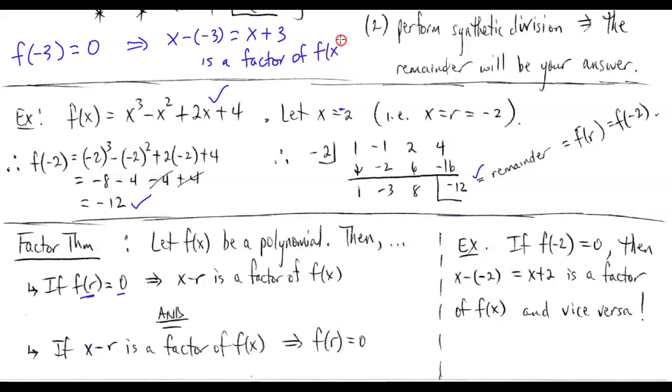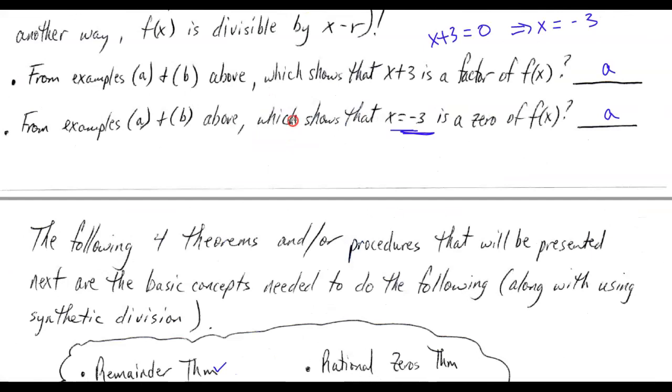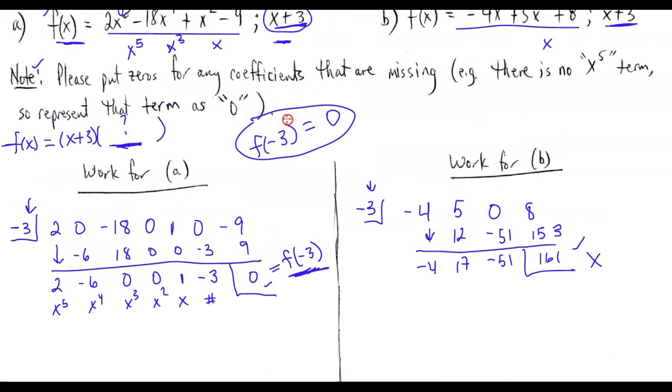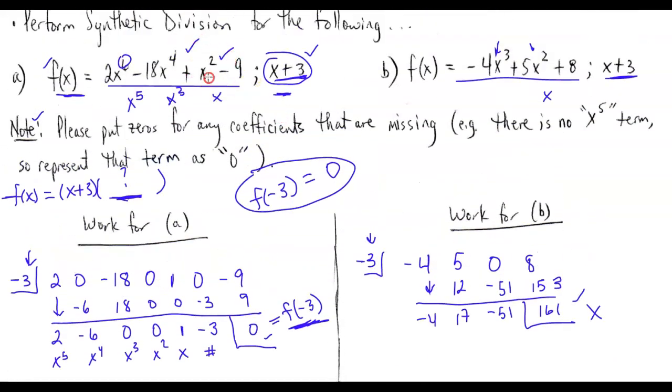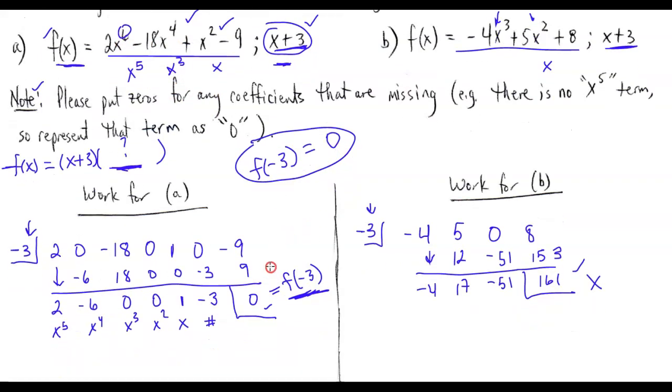Okay. And remember, I'm talking about example A above here. I'll go back to it just to remind you. So I'm talking about this specific example here, okay? Because we saw that if we let -3 be x here, we end up getting 0. And of course, our synthetic division shows us that in another way.